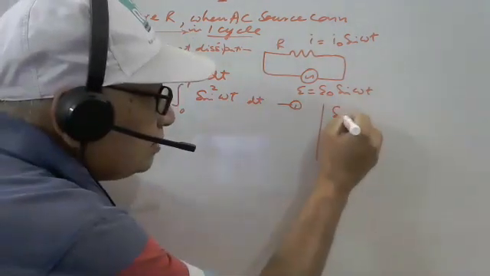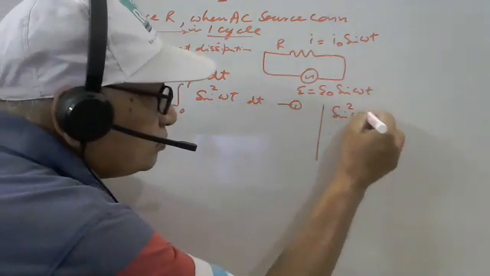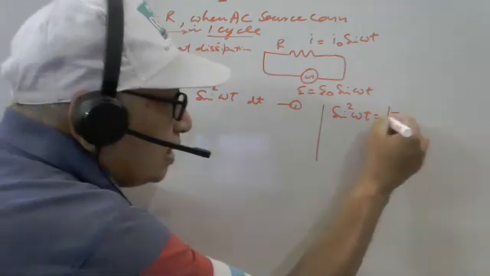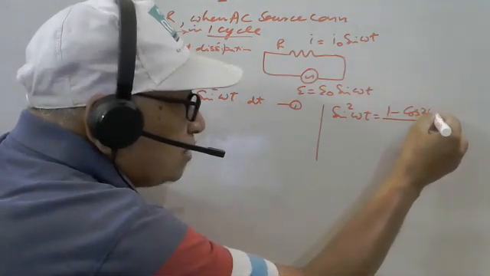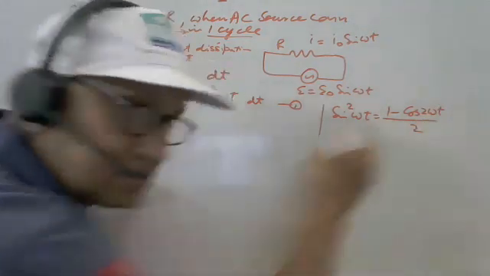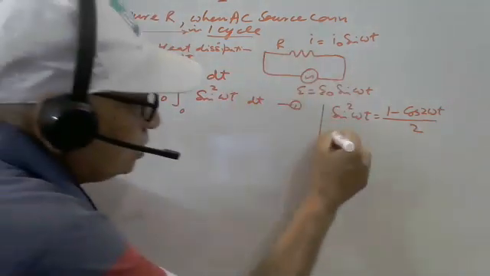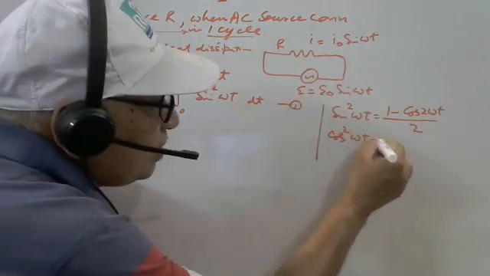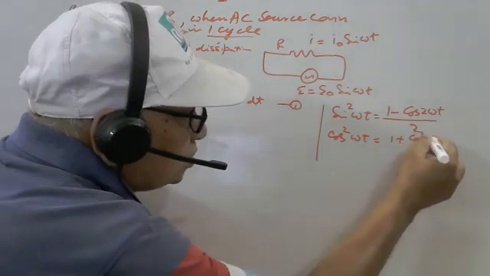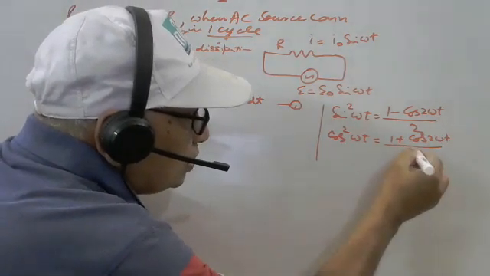Let us discuss whether you know it or not. Sin square omega t can be written as 1 minus cos 2 omega t divided by 2, and cos square omega t as 1 plus cos 2 omega t divided by 2.